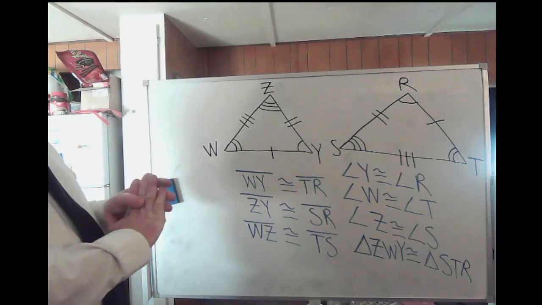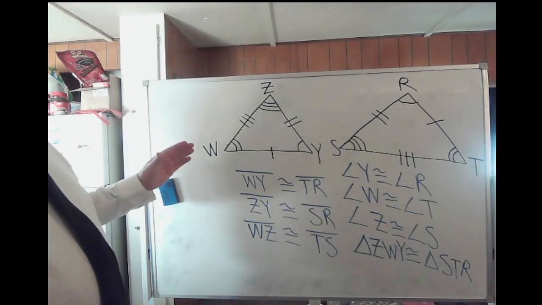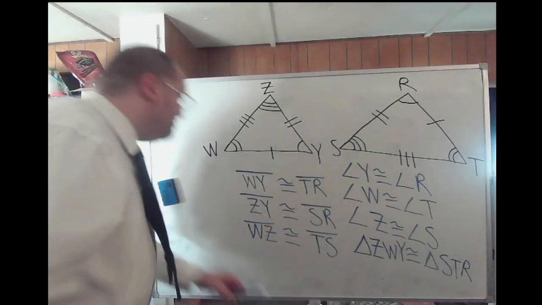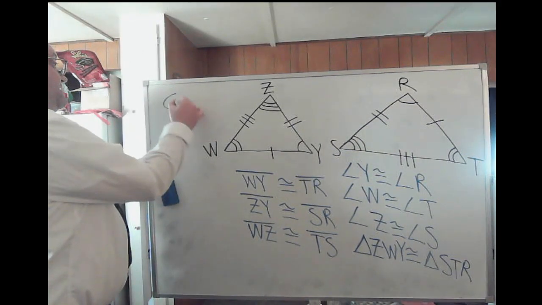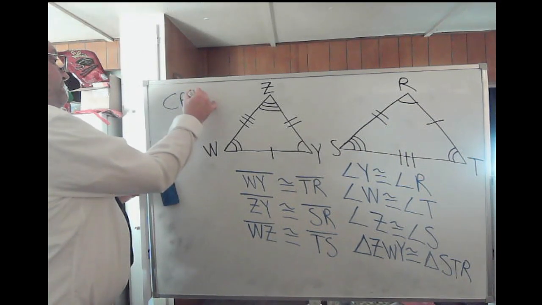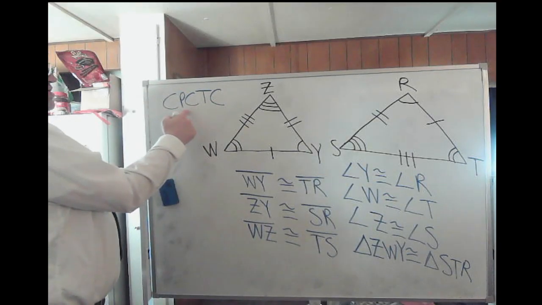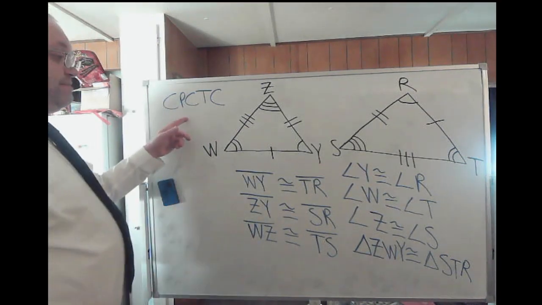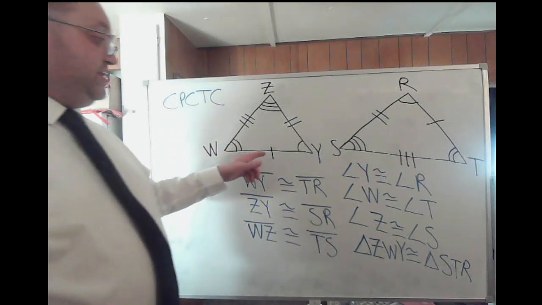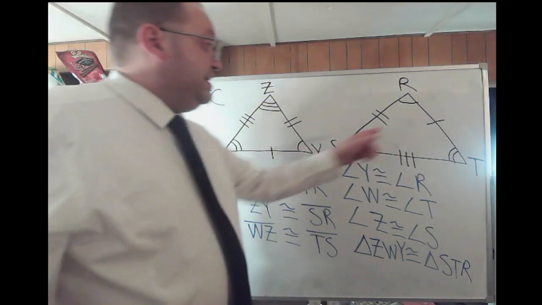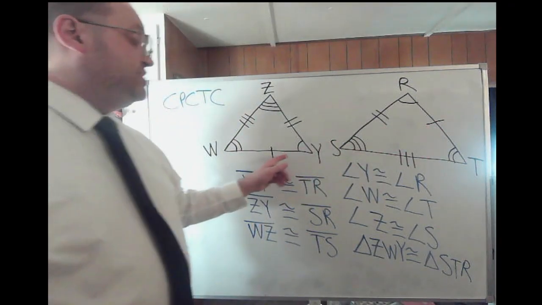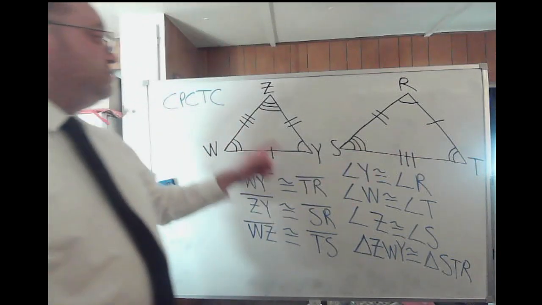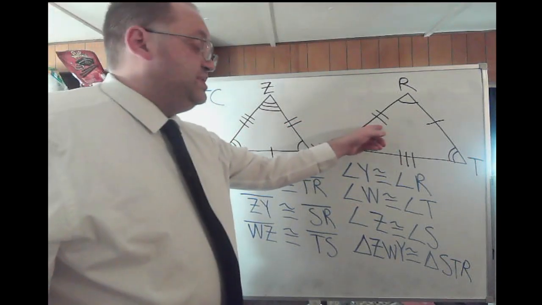So, again, whenever you have congruent triangles, remember CPCTC. Corresponding parts of congruent triangles are congruent. What that means is, where you see the 1 tick mark on each triangle, those sides are congruent. The 2 tick marks correspond to the 2 tick marks on the other.